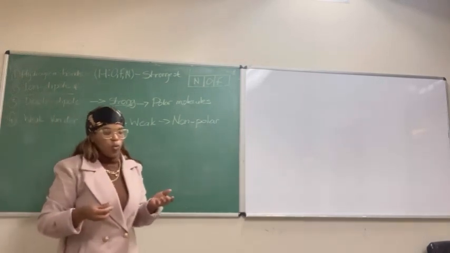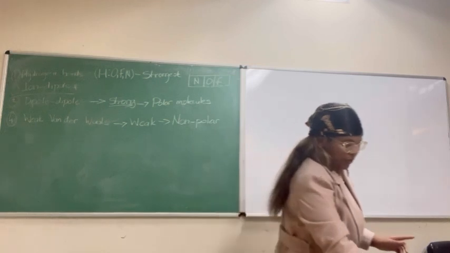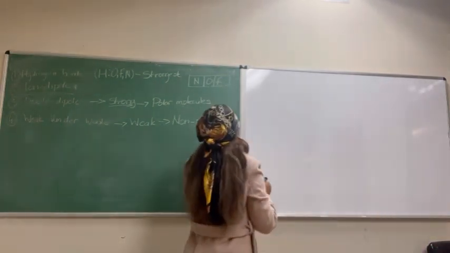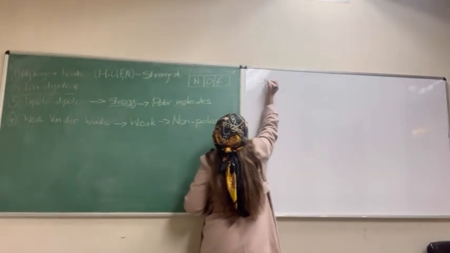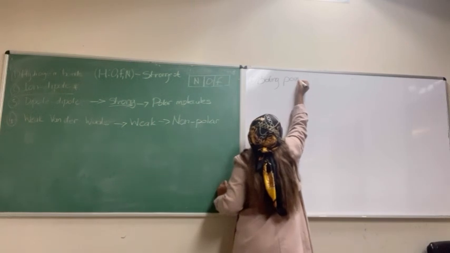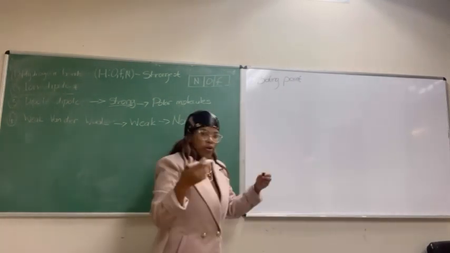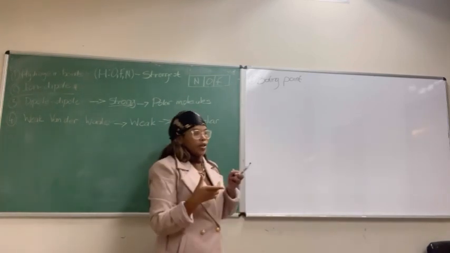So let's go to our physical properties. Physical property number 1 is boiling point, which we all know. So we all know what boiling point is. Boiling point is the point at which a liquid will turn into gas.